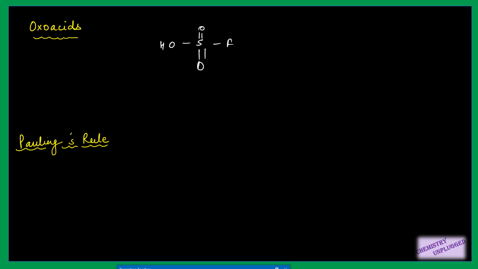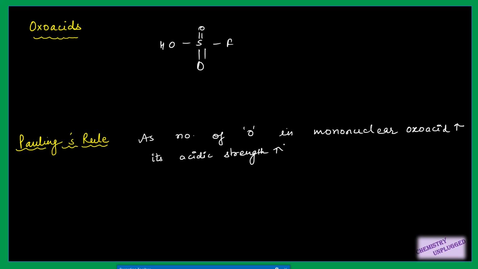First thing is Pauling's rule. According to Pauling's rule, as the number of oxygen atoms in a mononuclear oxo acid increases, its acidic strength increases, right?